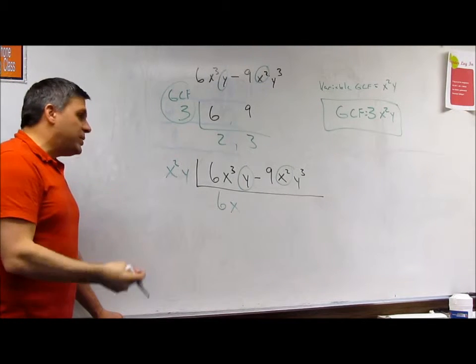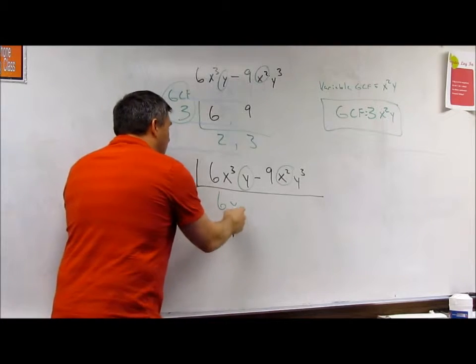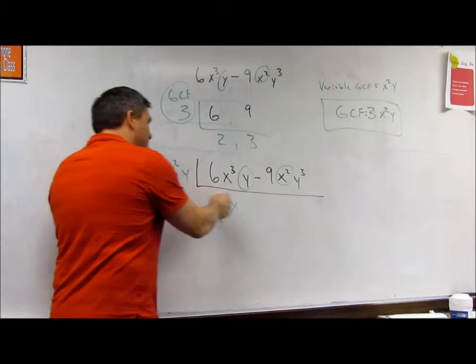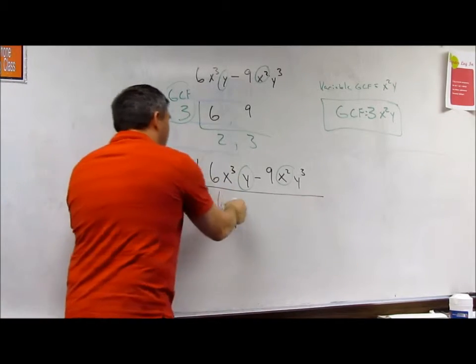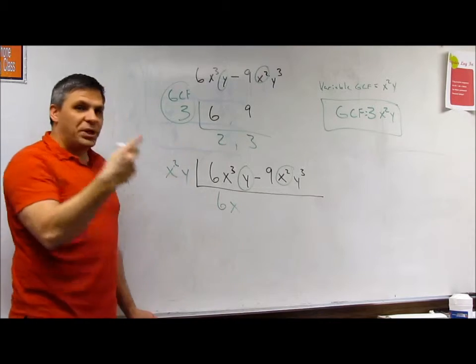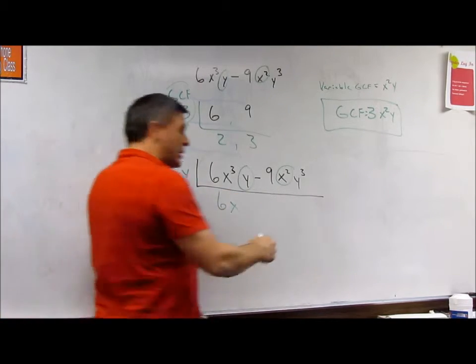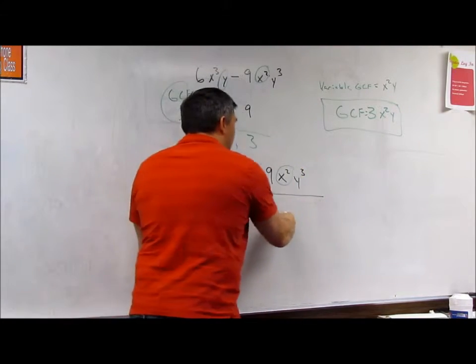So we do the variables first: 2 plus what is 3? 2 plus 1 is 3. 1 plus what is 1? 1 plus 0 is 1. So I'm not going to have anything there. Okay? Minus 9. And then 2 plus what is 2?